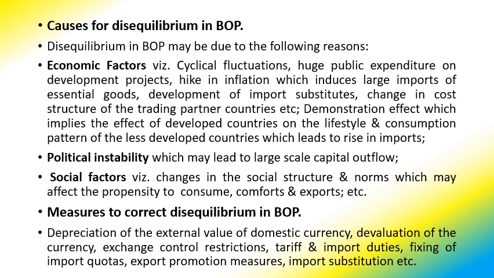Devaluation of currency: if a fixed exchange rate is followed, then devaluation will work here. Exchange control restrictions and import restrictions are there. Like gold prices, if you check, the government is trying to impose more and more excise duty, that's why gold price is higher, which discourages importing gold from foreign countries. Tariffs and import duties are increasing more and more.